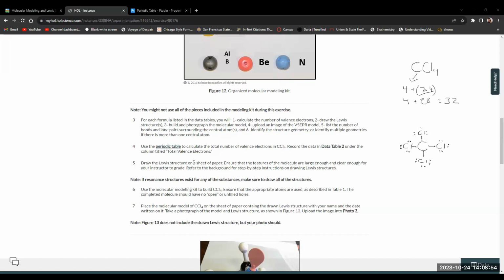And it looks like each chlorine has 3 lone pairs attached to each.